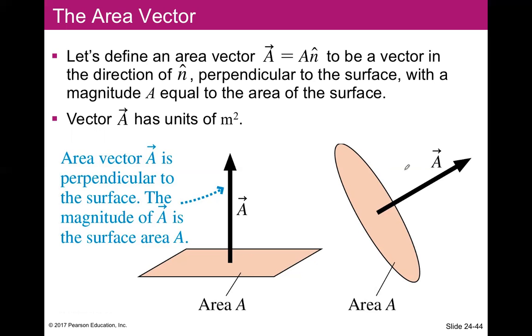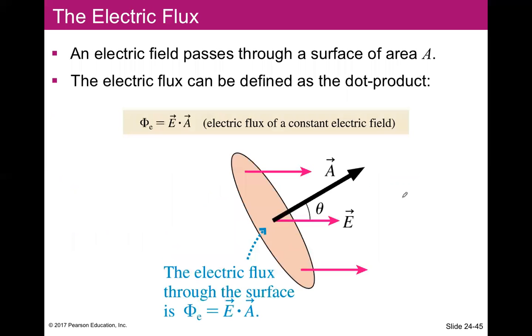So when you calculate the flux, you can simply use a dot product between two vectors. The first vector is the electric field, of course. The second one is the surface. And of course, the surface is now a vector.